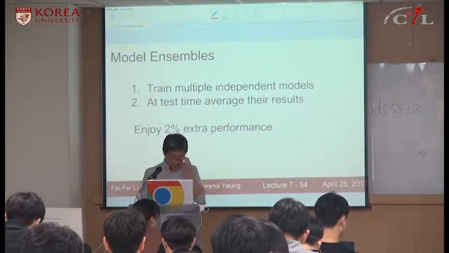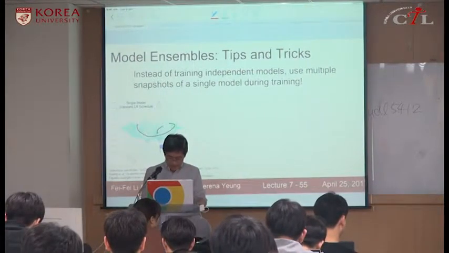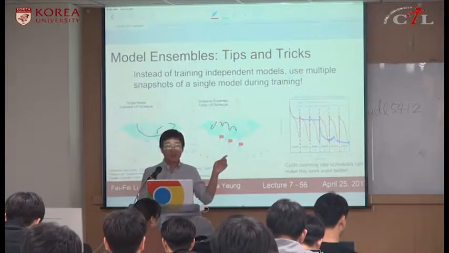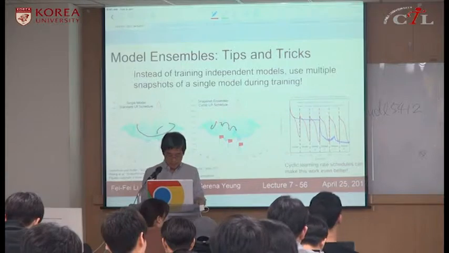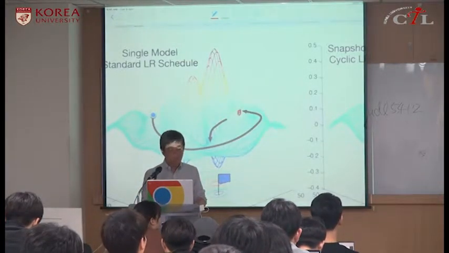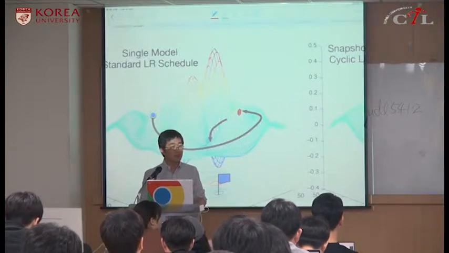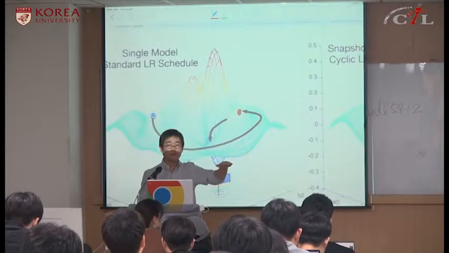Okay, and model ensembles and regularizations. Have you understood this? Starting from here, suppose we arrived at this point, which is a little bit flat region, but the gradient is not completely zero.